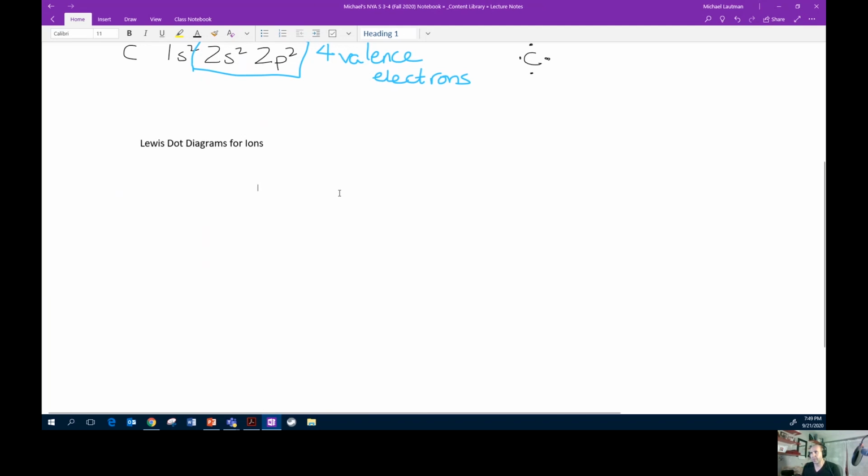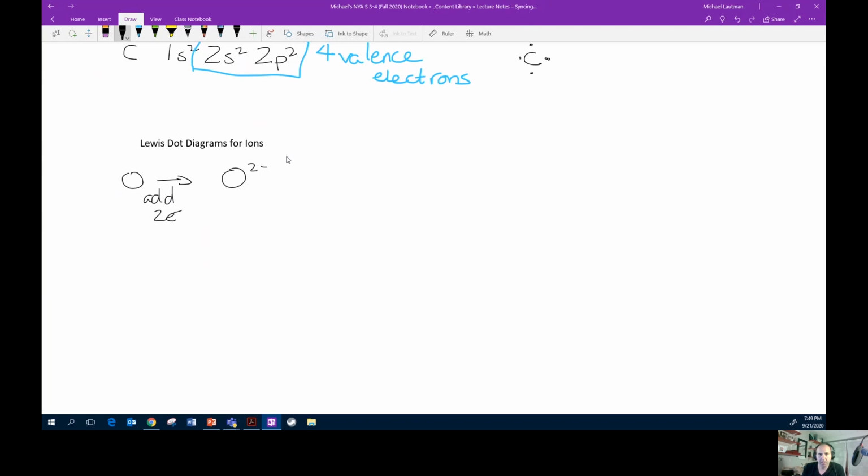So, for example, instead of looking at oxygen, let's look at oxide, O2 minus. So to go from oxygen to oxide, what happens? The atom accepts 2 electrons. Okay? We're going to add 2 electrons.